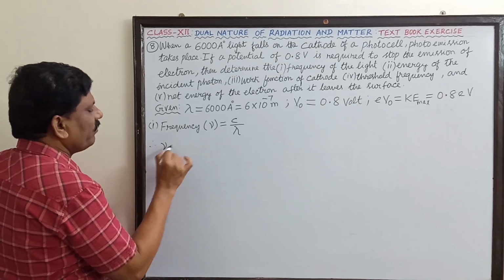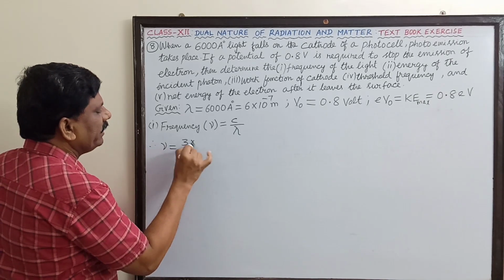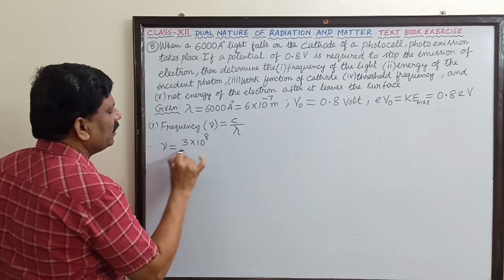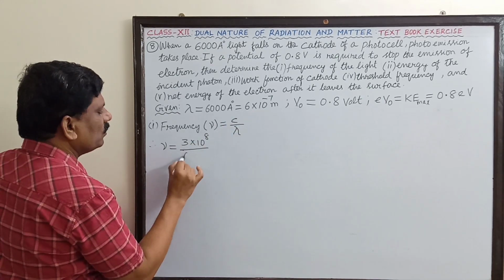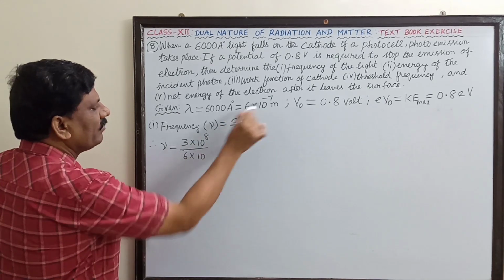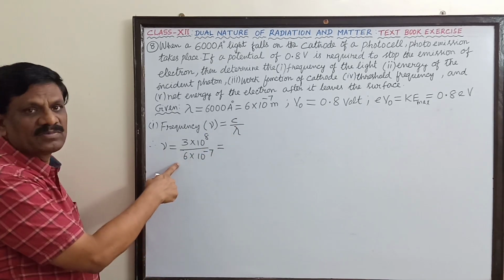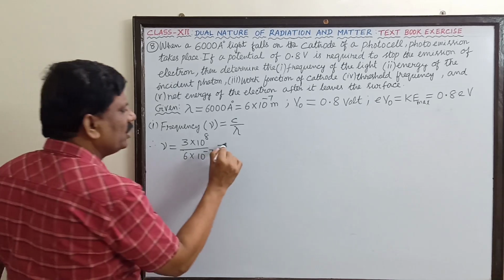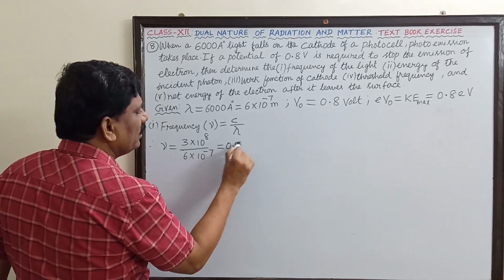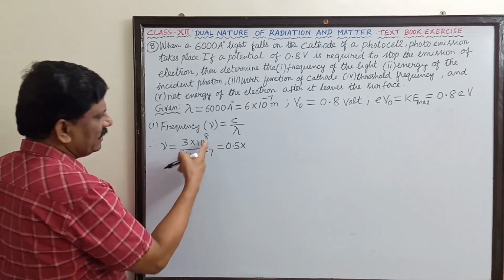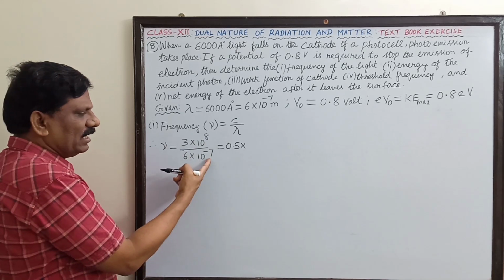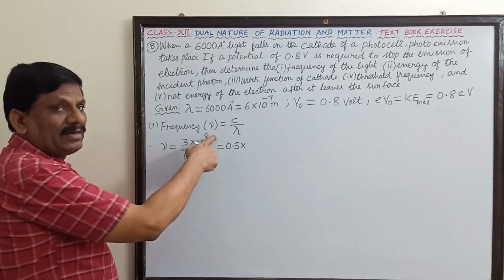Therefore, frequency is equal to 3 into 10 power 8 divided by 6 into 10 to the power of minus 7. So 3 by 6 is 1 by 2. 1 by 2 is 0.5 into, now this 10 power 8 is multiplied by 10 power plus 7.